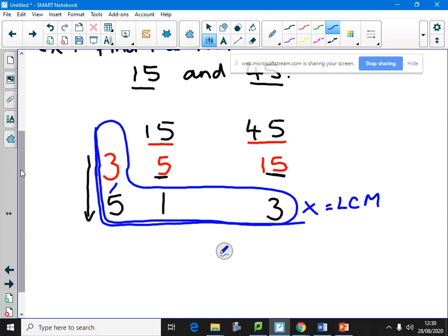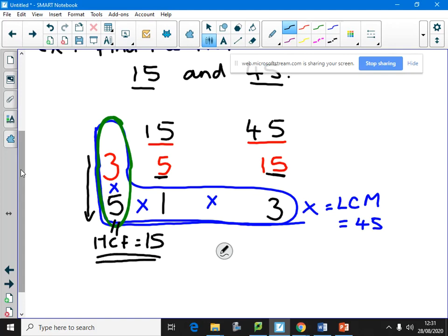So 3 times 5 is 15, times 1 is still 15, times 3 equals 45. Then we can do our H, our high-rise building, which is the higher bit of the L. So this is our HCF, which equals just 3 times 5. 3 times 5 is 15. Nice and easy. So I have found the LCM and the HCF.